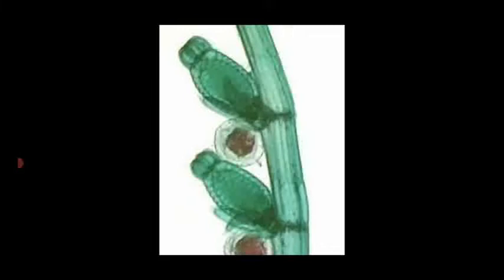So on top of the male sex organ, the female sex organs are located. Both of them arise in the nodal region. So in this video, we are going to see the thallus structure of Chara, habit and habitat, and different modes of reproduction: asexual, vegetative and sexual.